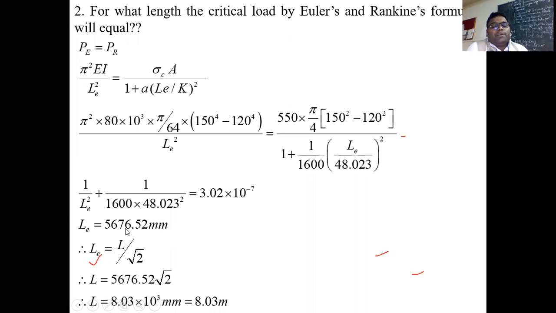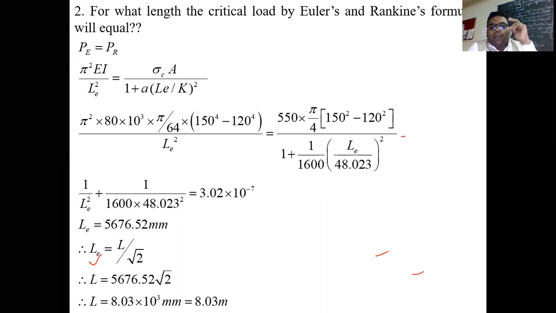Once you obtain the value of LE, it is 5676.52 mm. But what do we have to find out? The actual length. This is the effective length. We know that for this boundary condition, LE is equal to L upon root 2.